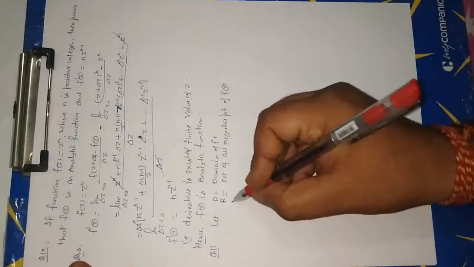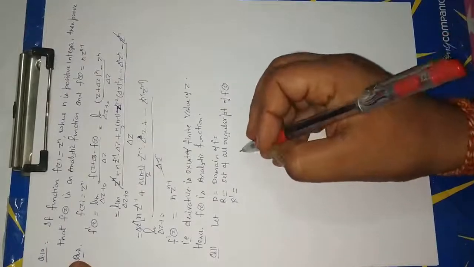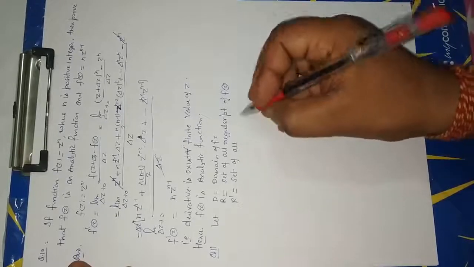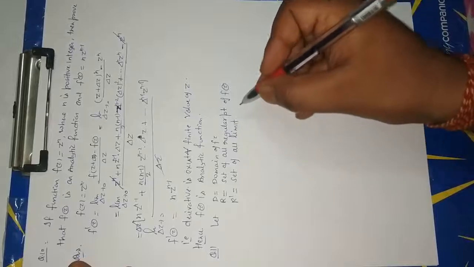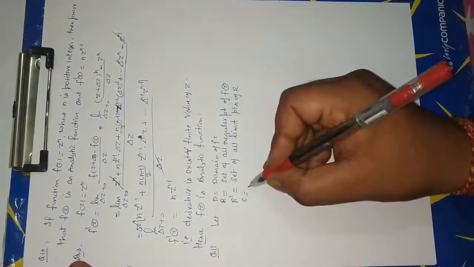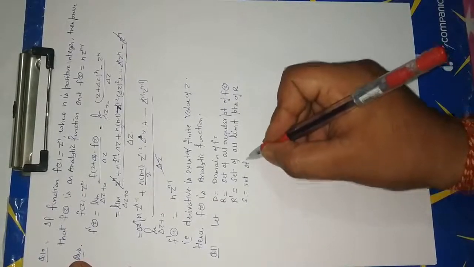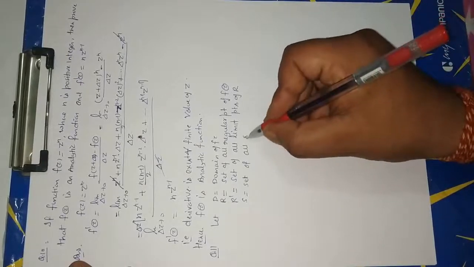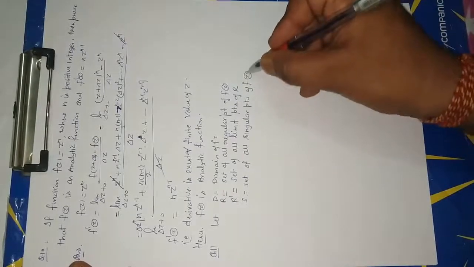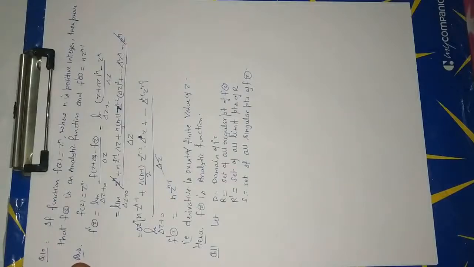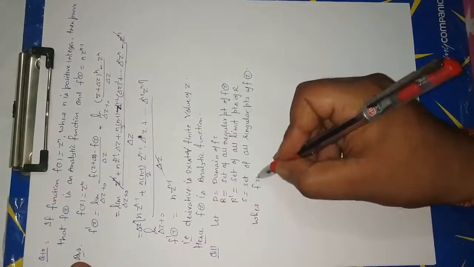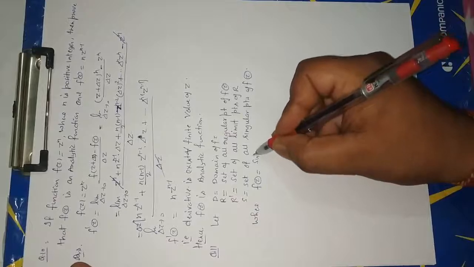Next, R dash is the set of all limit points of R. Now S is the set of all singular points of f z. A singular point is where the function is not defined, where f z equals sin z upon z.